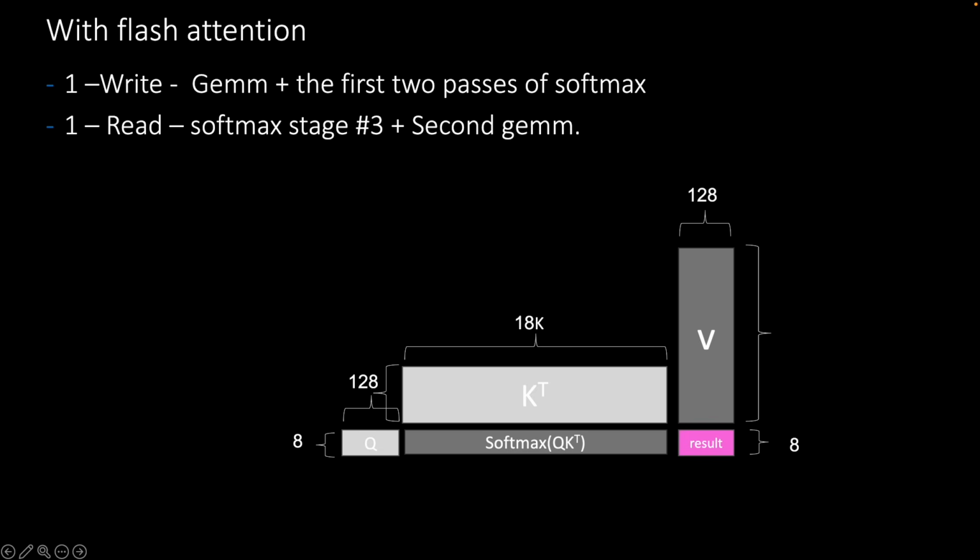And then when we read the tile for the multiplication by V, we can do the third stage of softmax and do the second gemm, which is the multiplication by V down. What we principally did is we reduced 6 IO operations naively into just 2. And this is where the big performance comes from.